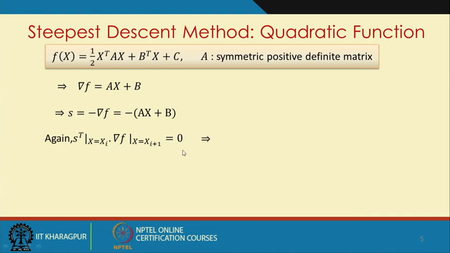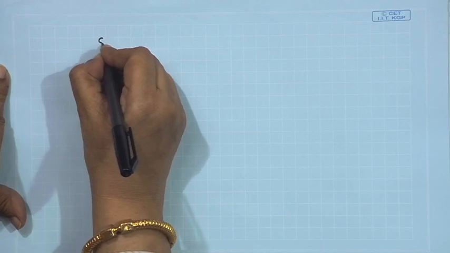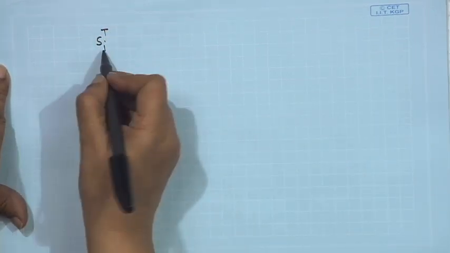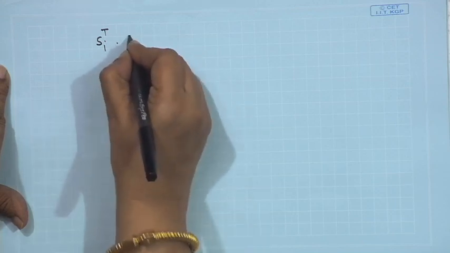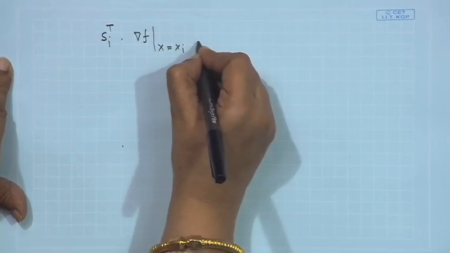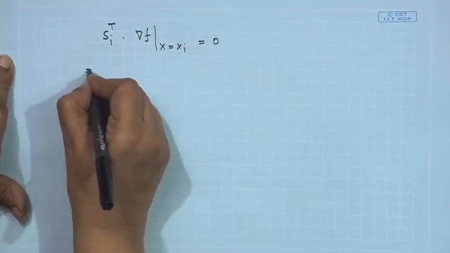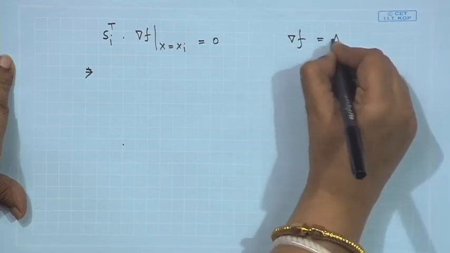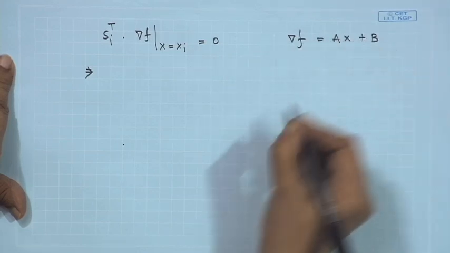Once we could say it, let me elaborate these calculations for you. S i transpose, if I write it, s at x equal to x i, grad of f at x equal to x i plus 1 is equal to 0. It implies that, if you remember, we just proved grad f is equal to Ax plus b, alright.